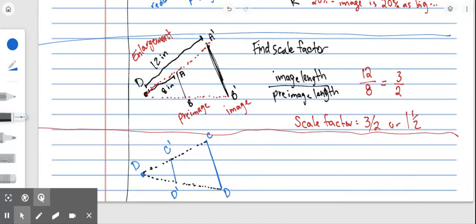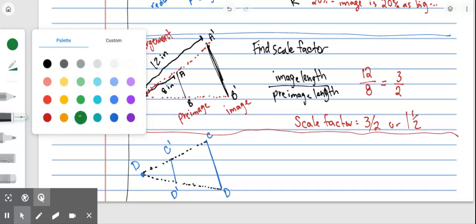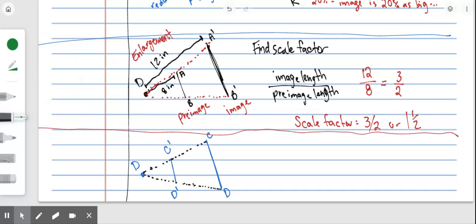Okay, now sometimes you'll be given the length from the center of dilation to each of the pieces, and other times you'll be given the size of each of the pieces. So let's say that this one is 18 and this one's 30. Okay. We'll call it centimeters this time.